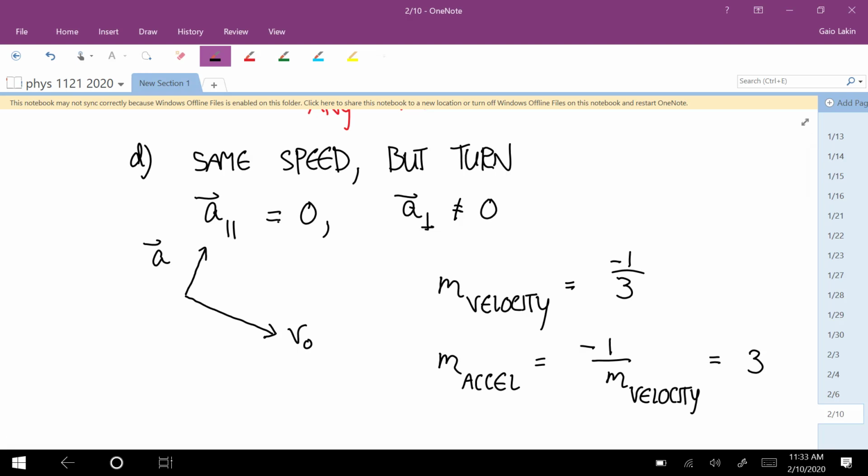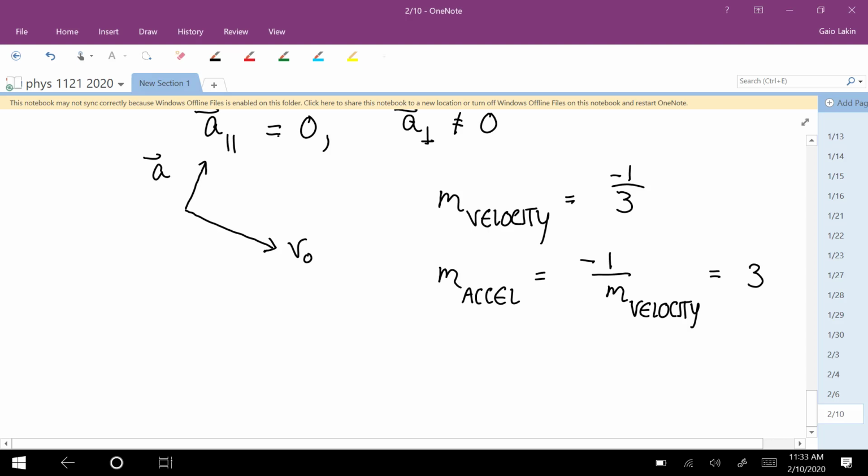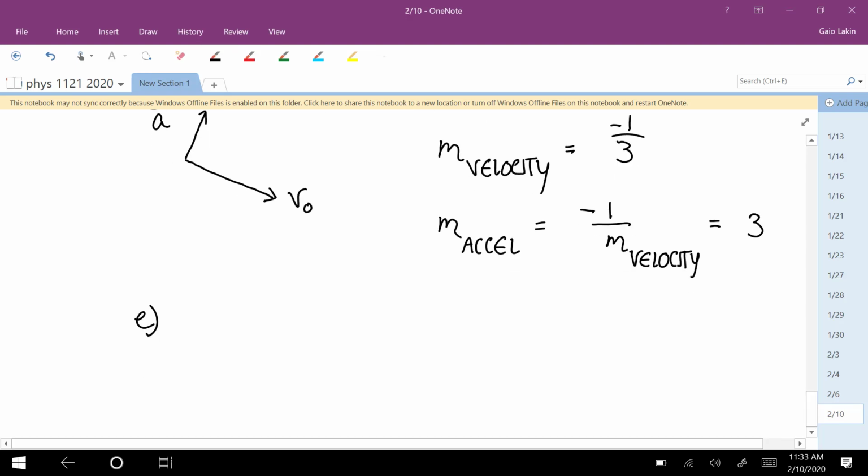And then the question is E. Oh, so something with a slope of 3 would be rise over run is 3, which is 3 over 1.